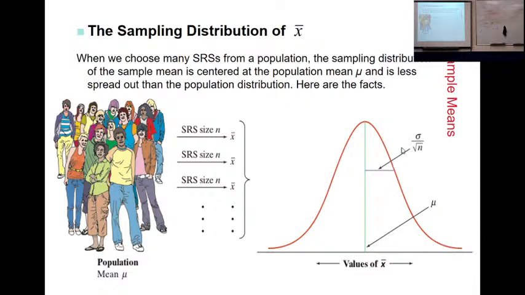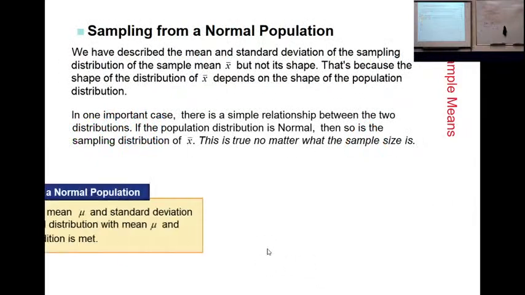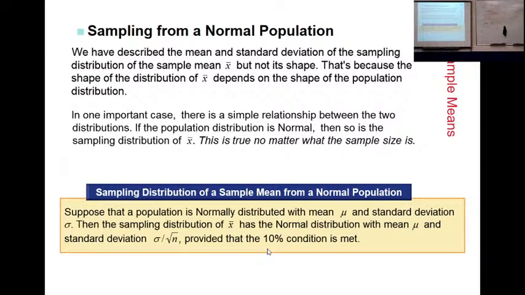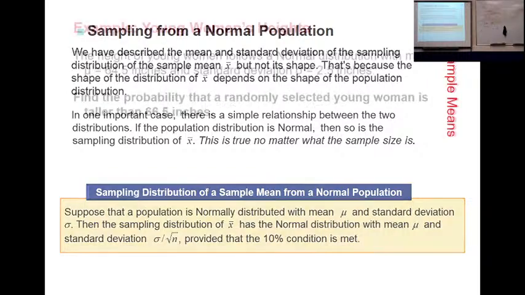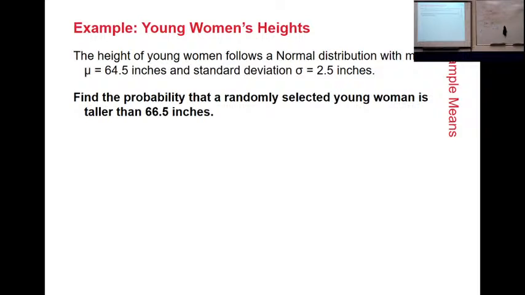So there's your standard deviation, sigma over square root of n, etc. We basically already talked about this slide. It's mostly the same.